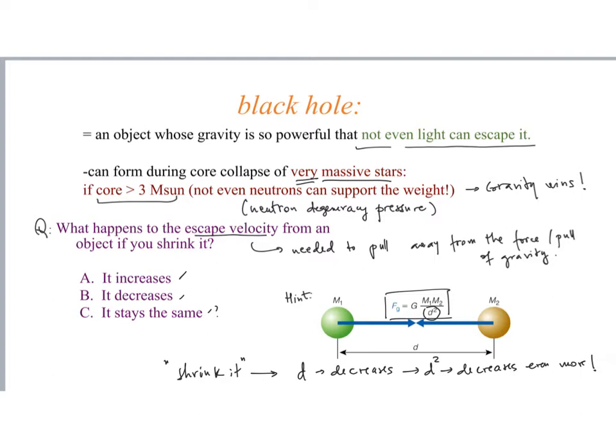And if the square decreases, that means the force of gravity is going to, what do you think? Increase, right? Because you're dividing by something smaller and smaller. And when you divide by something small, you obtain a really high number, higher and higher. So if the force of gravity is going to become stronger, what do you need to do in order to escape that pull of gravity? You're going to have to speed up, basically.